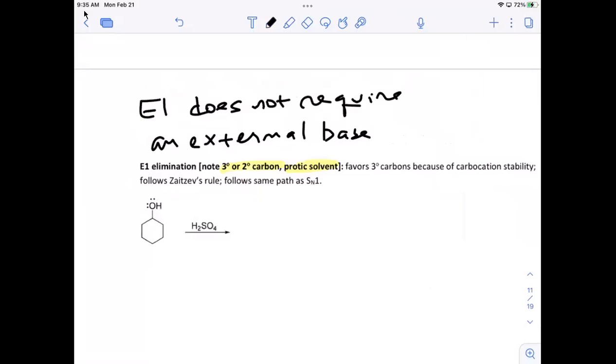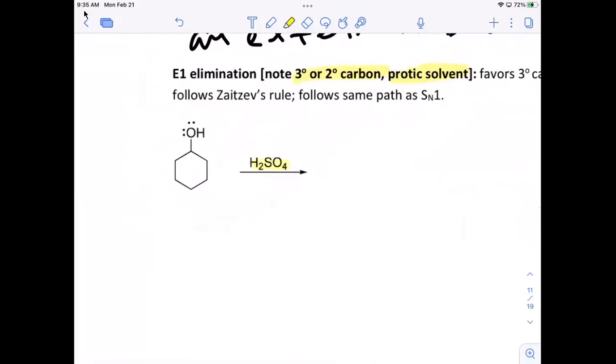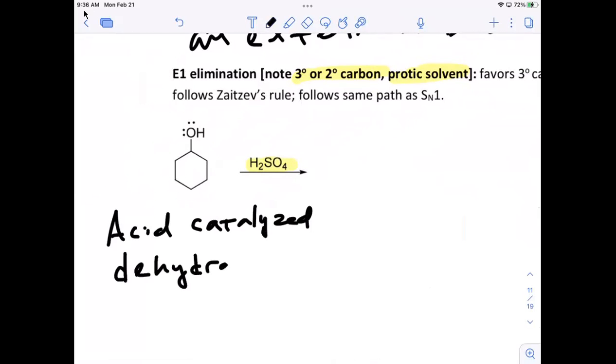This is a classic example right here. If you notice, we're using sulfuric acid to do an elimination. This is an acid-catalyzed dehydration. What does dehydration mean?